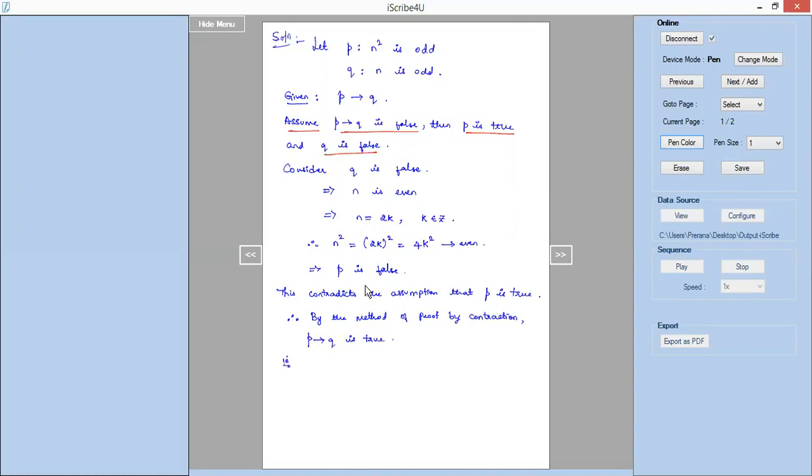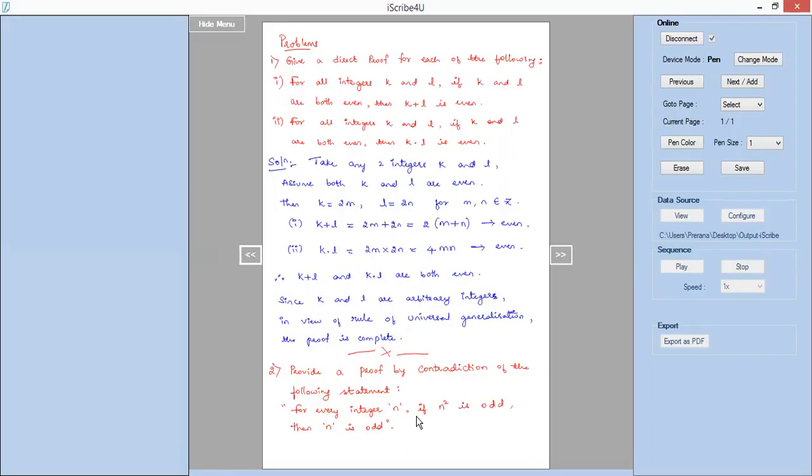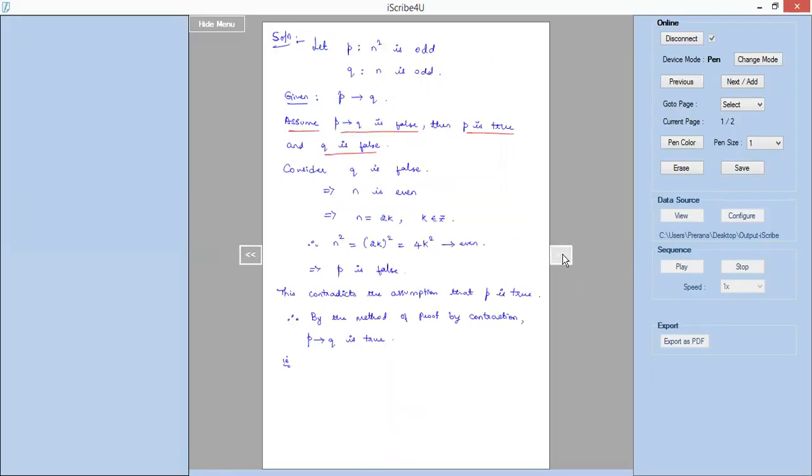And according to the given data, it means that if n square is odd, then n is odd. So this is how we do a problem by proof by contradiction.